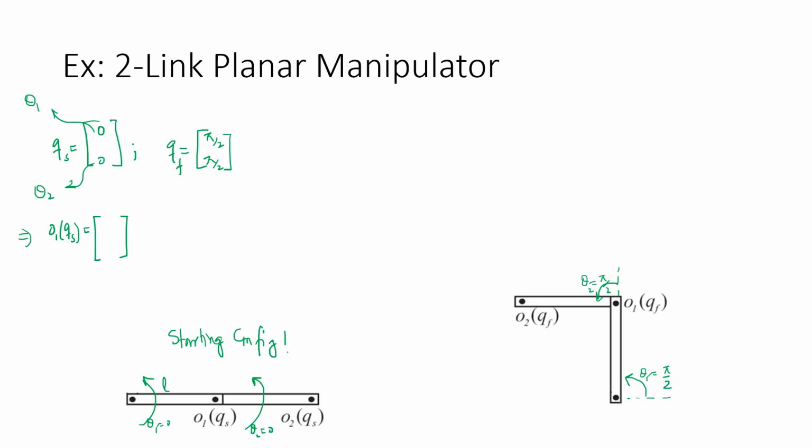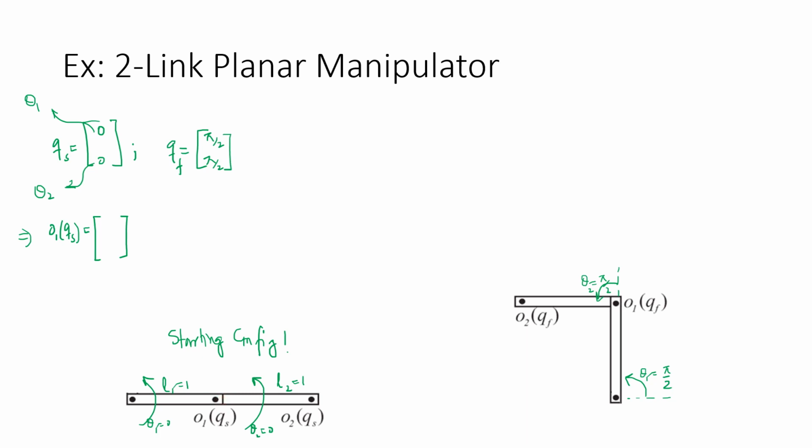So let it be L1 is equal to 1 to keep it simple, and L2 to be equal to 1 as well. So with that realization, when you have O1 located at the starting configuration, obviously you would see how this link length is structured. And since you know that Q1 or theta 1 is equal to 0, this would mean that you have it located at 1 as the x coordinate and 0 as the y coordinate.